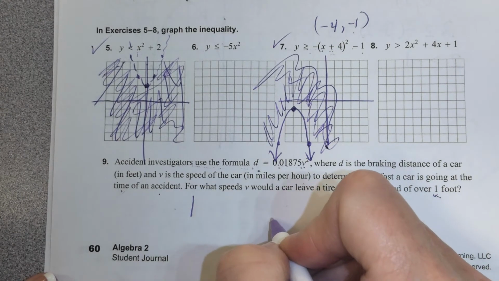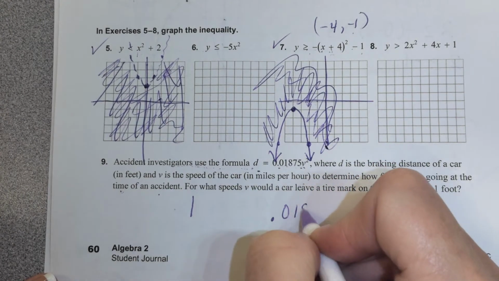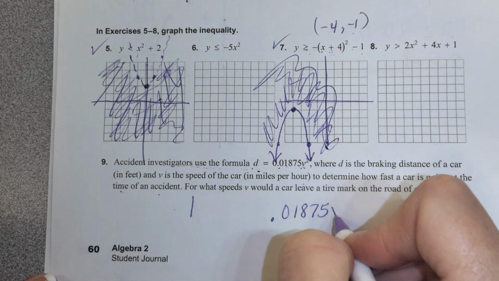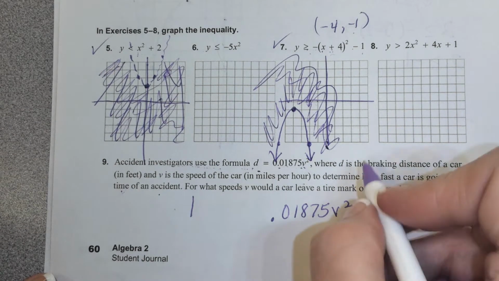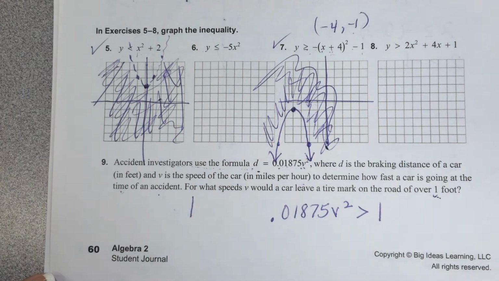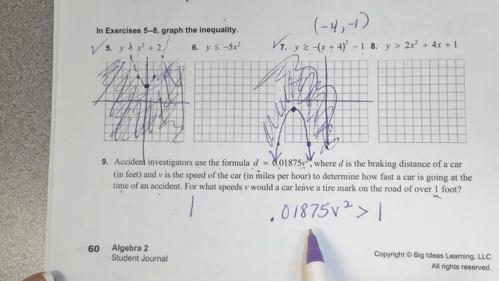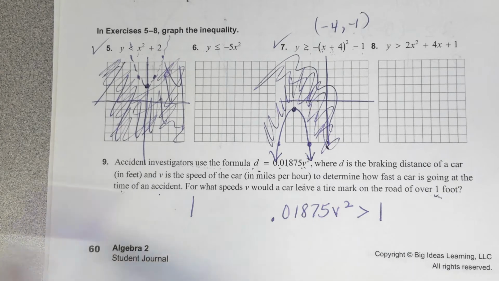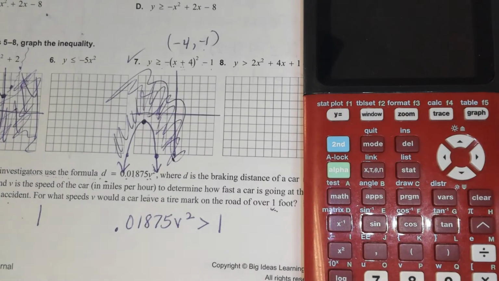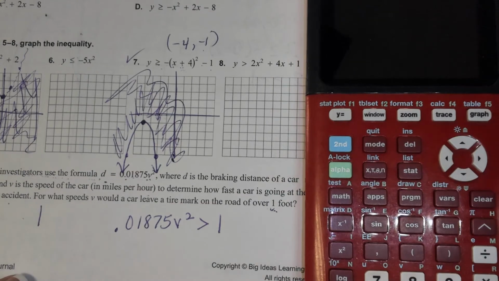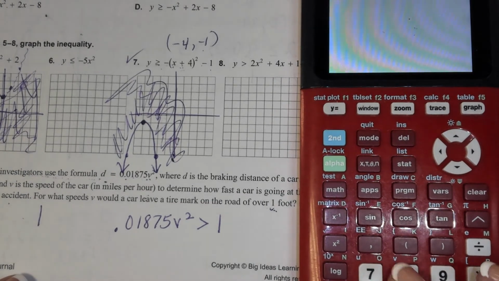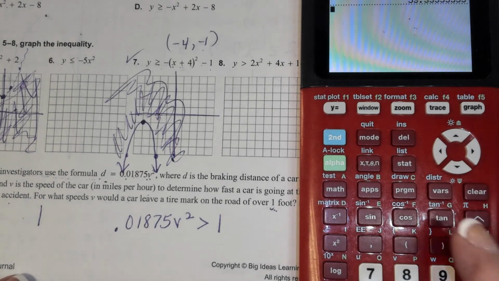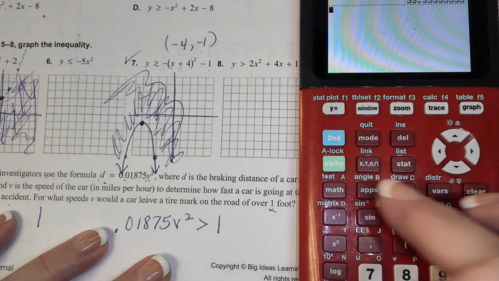So I'm going to set this up. I want this 0.01875 v squared for what speeds over 1 foot. So I want this to be over 1 foot. So this is what I would have to solve then. So I would then have to divide 1 by that, get that answer, and then I got to take the square root of that.